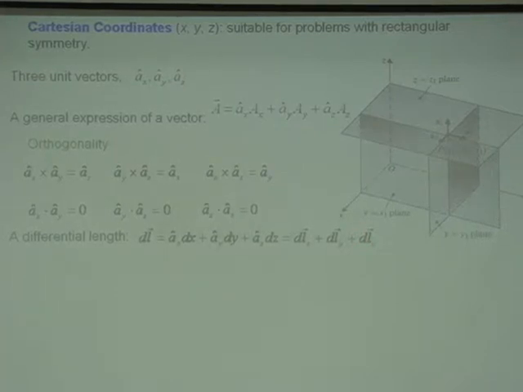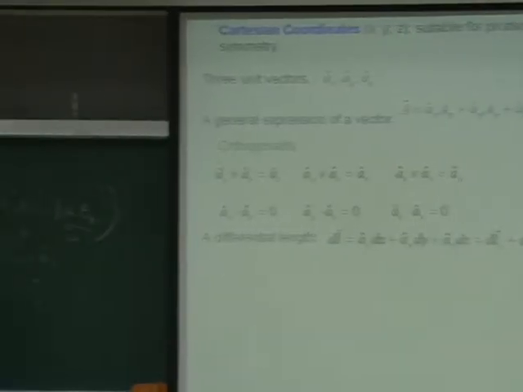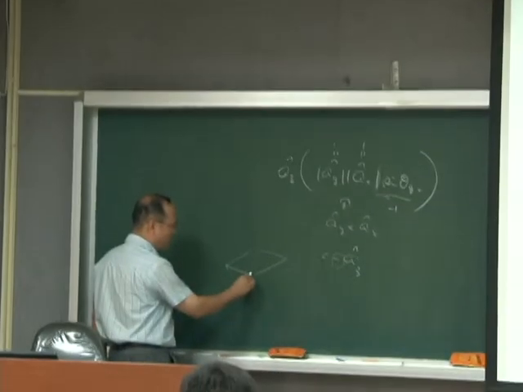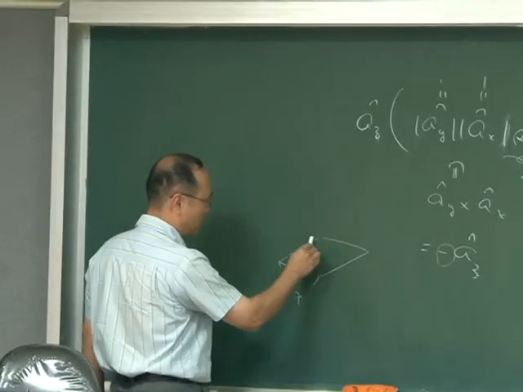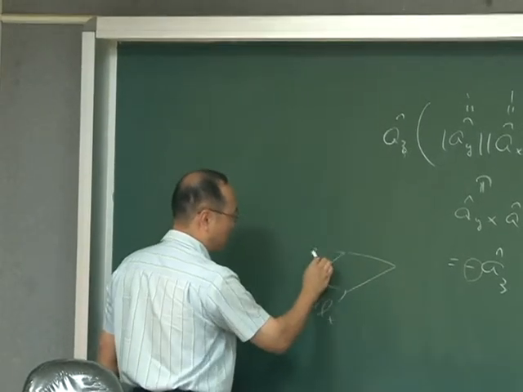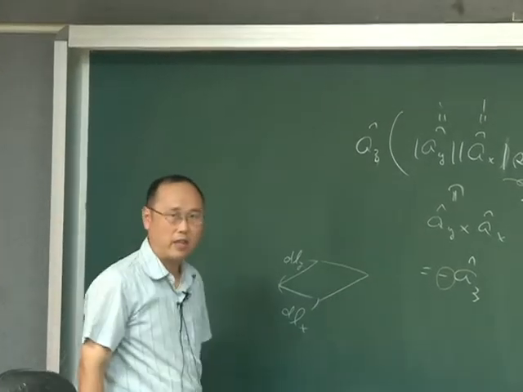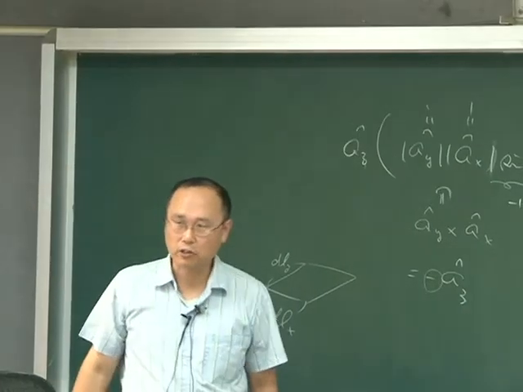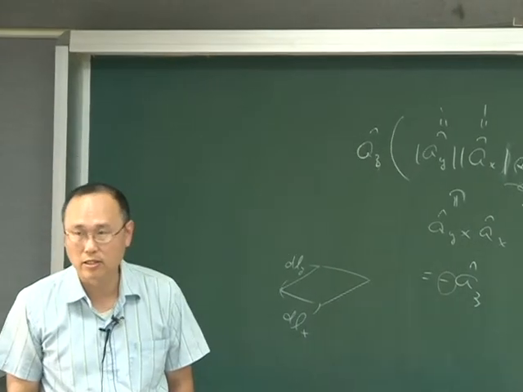Well, once you have the length, then you can construct area. Each surface comes from two line segments, for example dx and dy. And in vector calculus, a surface has a direction.